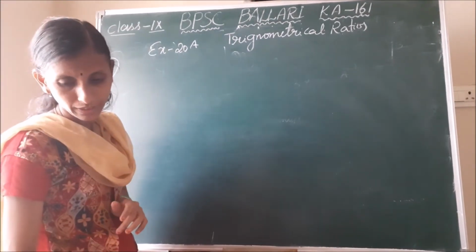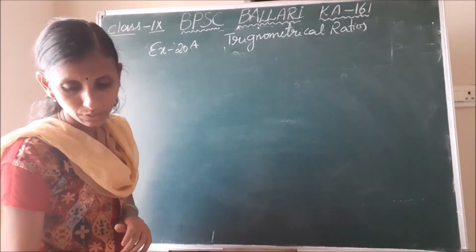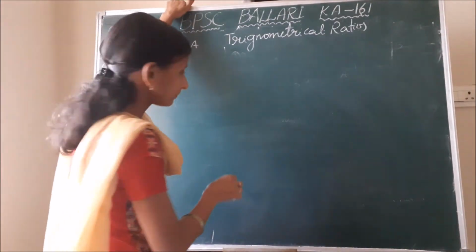In the given figure, AD is perpendicular to BC. If AB is equal to 13, I will draw the figure here.